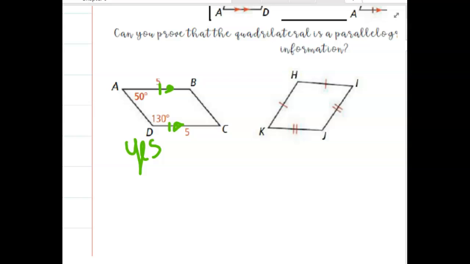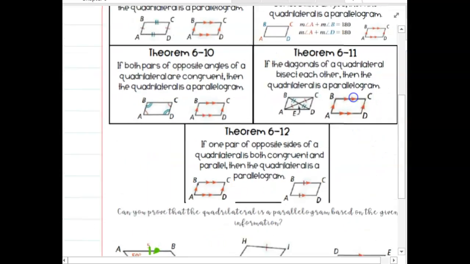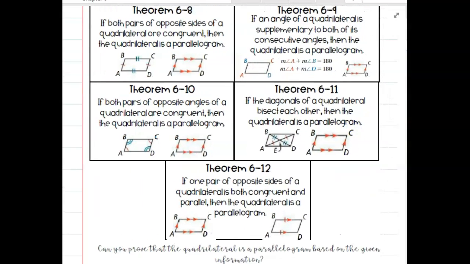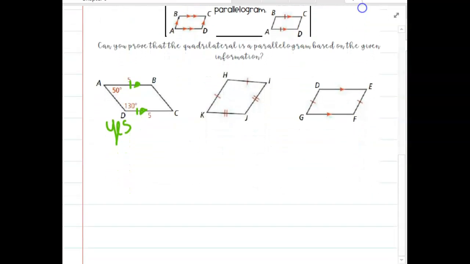Okay, the next one. Notice I have HK congruent to HI, and I have IJ congruent to JK. So I have two sets of congruent sides. So I'm thinking this is the one that talked about congruent sides, and theorem 6.8 says if both pairs of opposite sides are congruent, then the quadrilateral is a parallelogram.